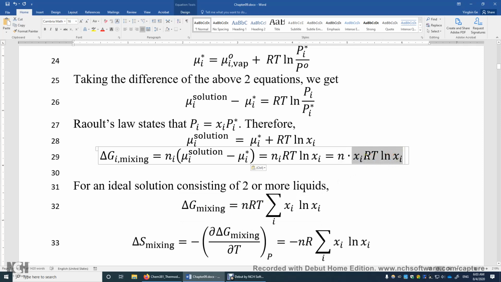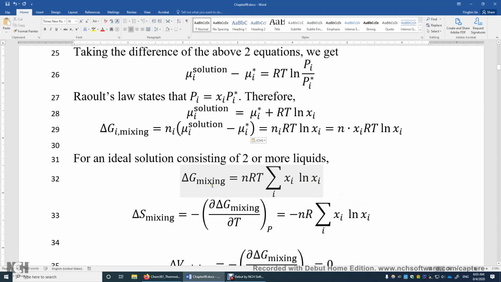So this is for species I, and then we can sum this from the first component to the last component. If you look at this equation and compare this with the Gibbs energy of mixing for ideal gases, you will see they are exactly the same. No difference at all.